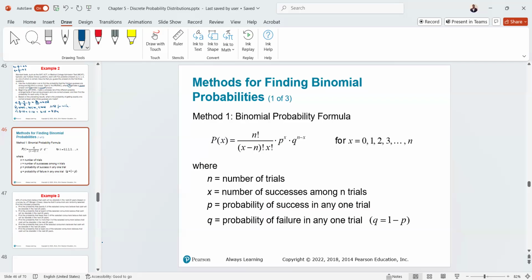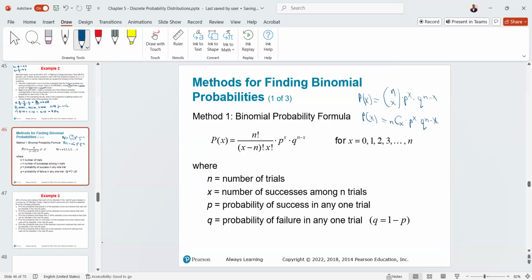Remember, we said n factorial, and sometimes you can see different ways of writing P of x. In some books, you're going to see nCx times p power x times q power n minus x, or you can see it also as combinations nCx times p power x times q power n minus x.